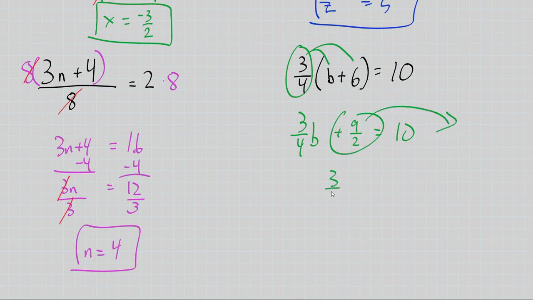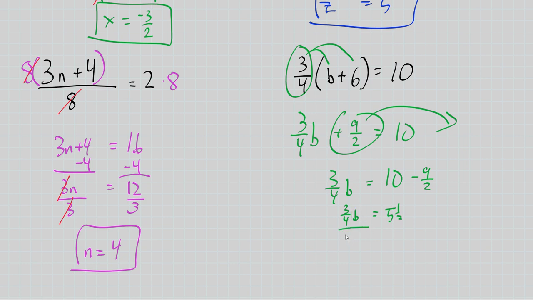So 3/4 b is equal to 10 minus 9 halves. 10 minus 4.5 is 5.5. So 5.5 equals 3/4 b, and b still wouldn't be alone.